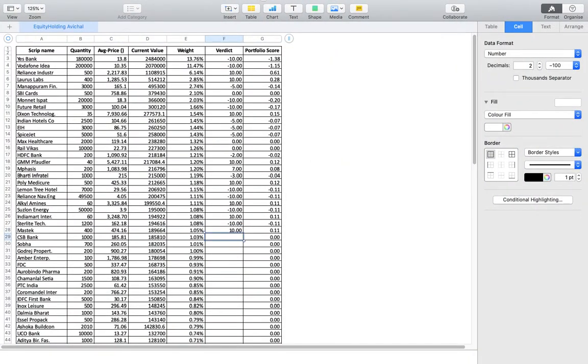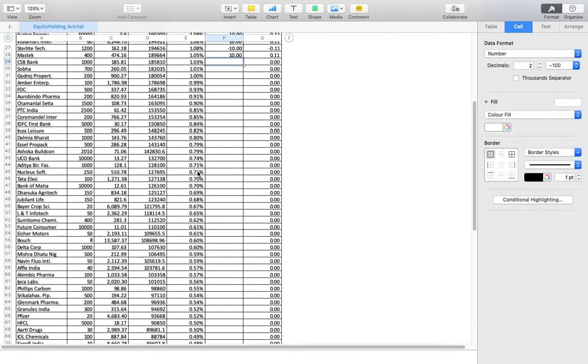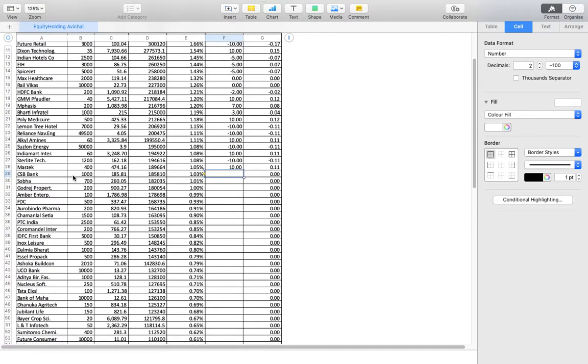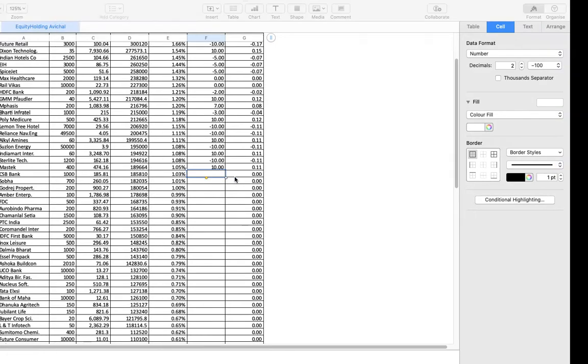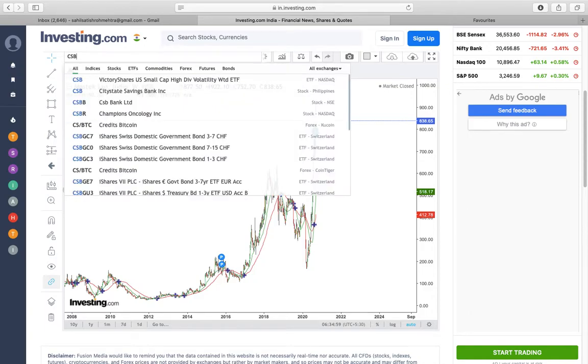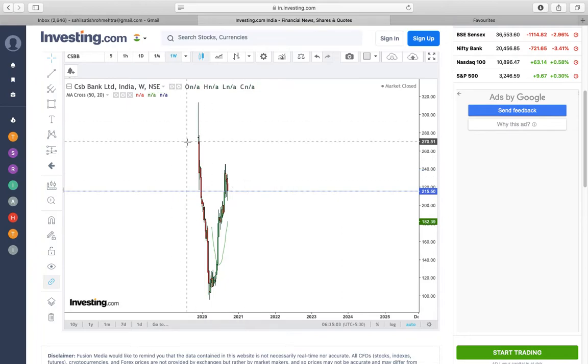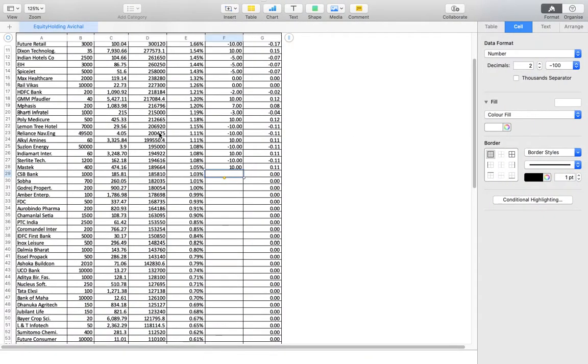Okay, there are quite a few stocks, so we'll just stop at this one. I think we'll stop at Godrej Properties. Shobha and Godrej Properties both need to exit. I'll just check once on CSB Bank. We don't have much information, and it's ranging, so I don't want to take a chance.